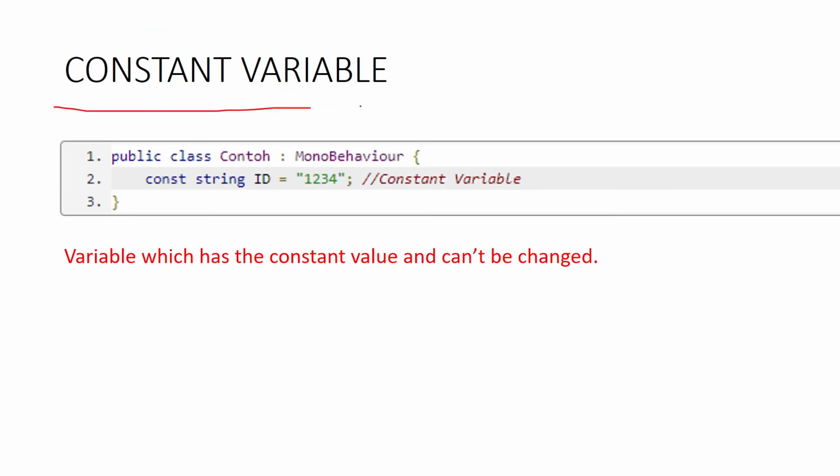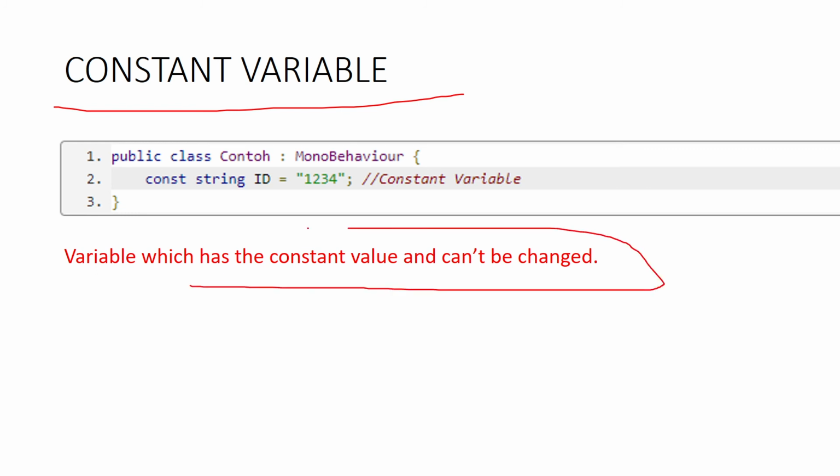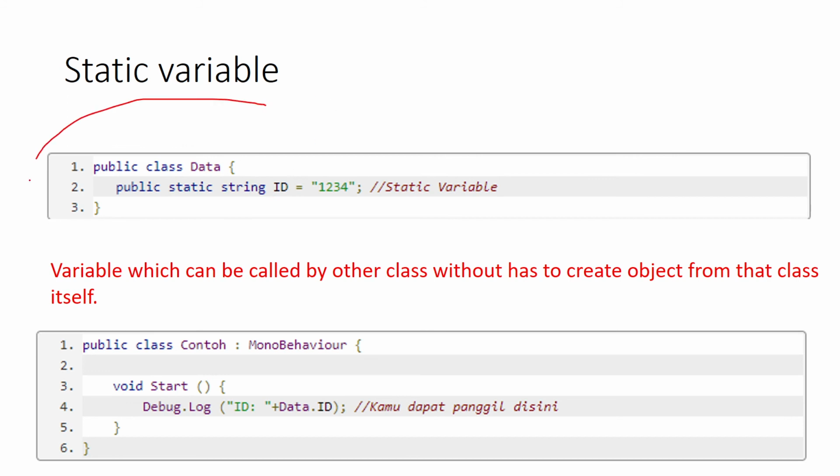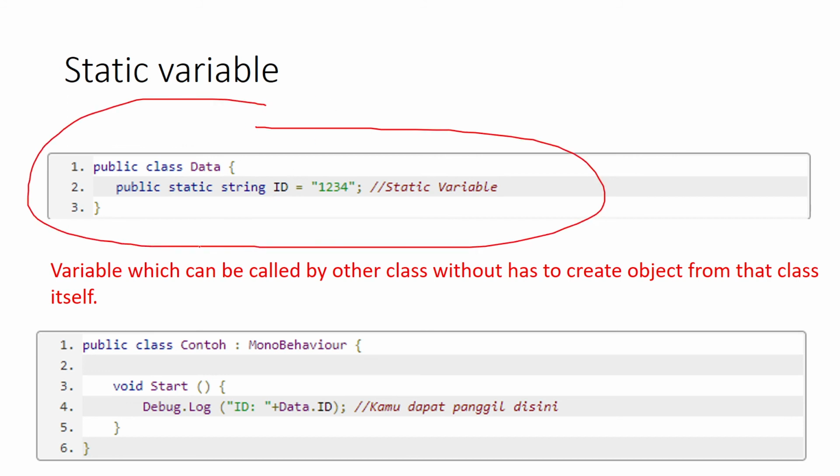Constant variable has a constant value and cannot be changed. For example, this one, 1 2 3 4, the ID, cannot be changed. Static variable can be called by other classes without having to create an object from that class itself.